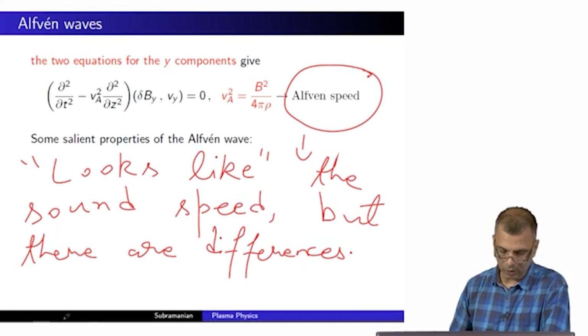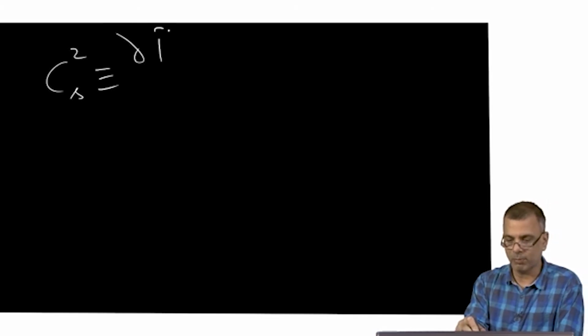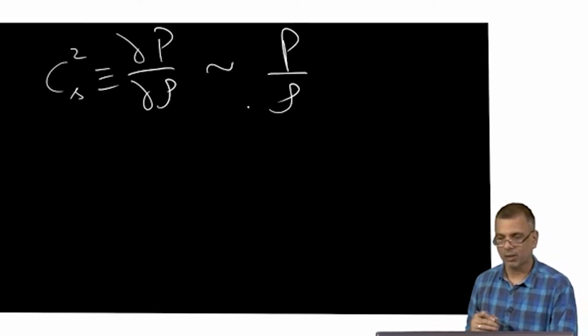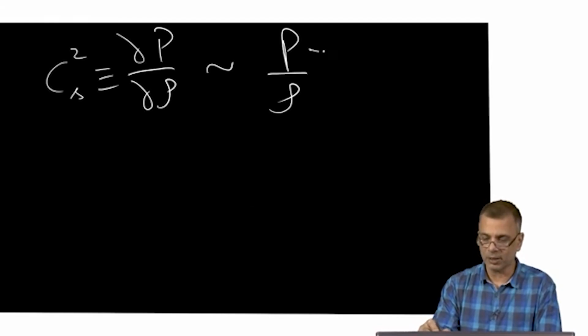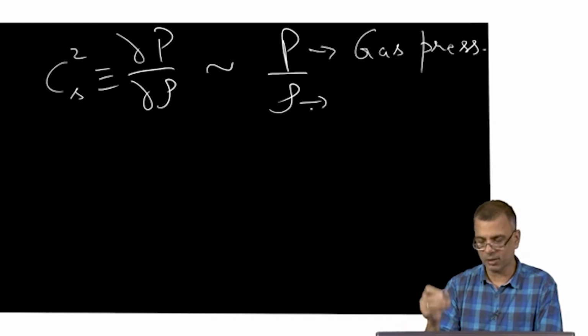So, you see the sound speed, if you remember, was written as Cs squared equals dP d rho, which we sort of carelessly can write as P over rho, where this was the gas pressure and this is the gas density.